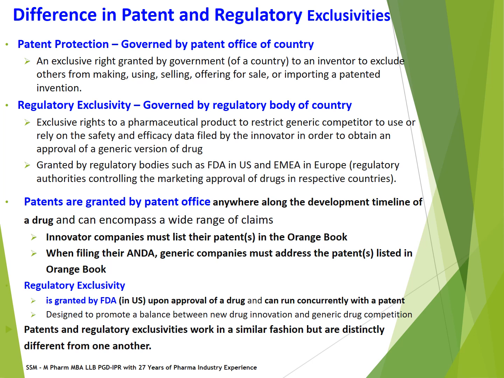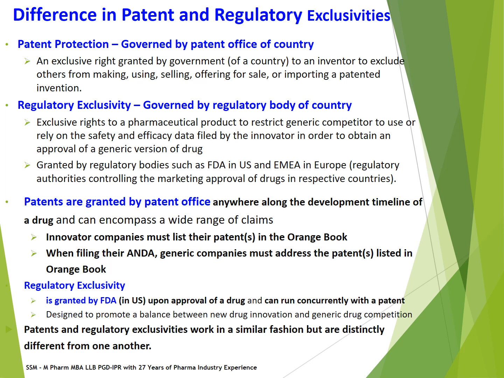Regulatory exclusivities are governed by the regulatory body of a country. Regulatory exclusivities are exclusive rights to a pharmaceutical product to restrict generic competition from using or relying on safety and efficacy data filed by the innovator company in order to obtain generic approval. So the generic company cannot get approval for a generic drug based on clinical efficacy and safety data submitted by the innovator company.